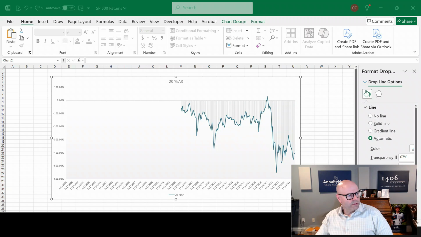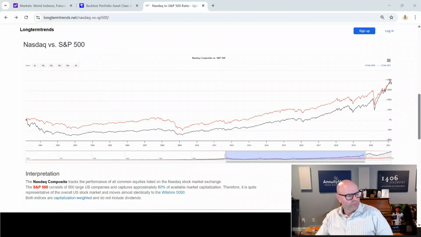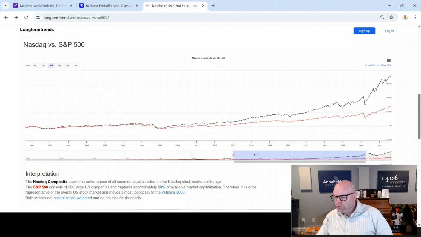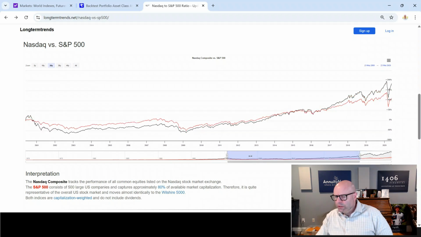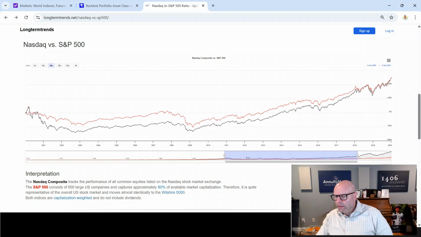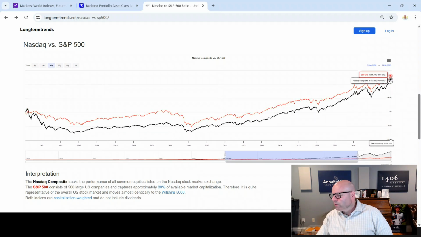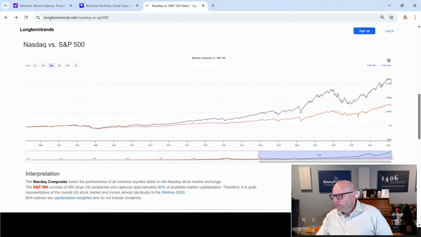Here's 20 years from about March of 2000, where for 20 years the S&P is ahead of the NASDAQ. But for the 20 years ended 2005 to 2025, the NASDAQ's ahead.